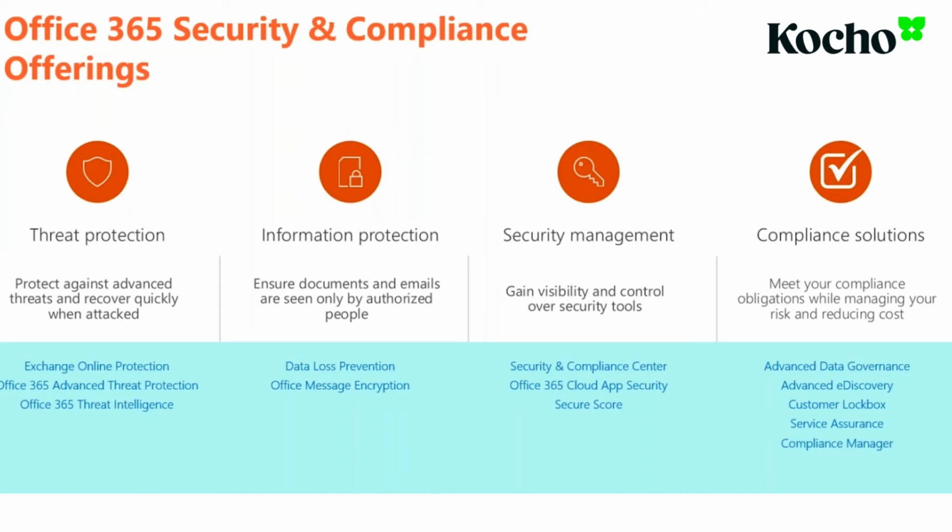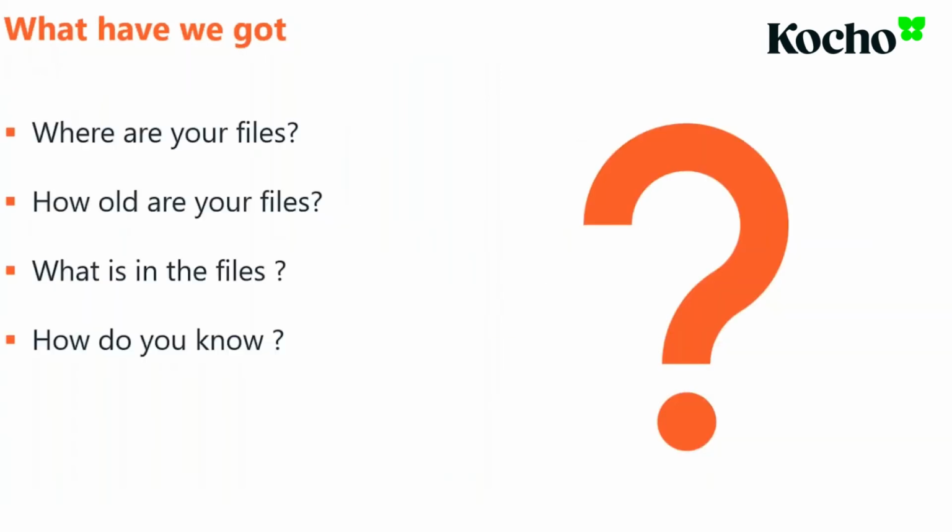One of the things we need to bear in mind with this, though, is that we understand what we've got. File storage has been around for a very long time. It used to be that we could only ever store a file on the local 10 megabyte hard disk on a PC. Well, that's no longer true. Organizations have petabytes of information spread across file servers in multiple locations.